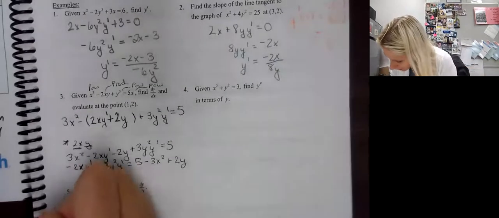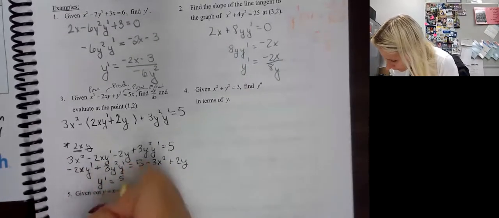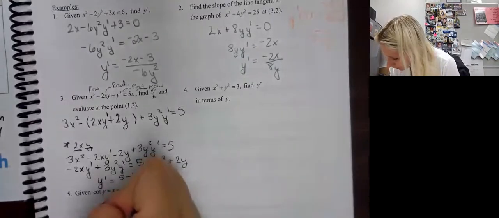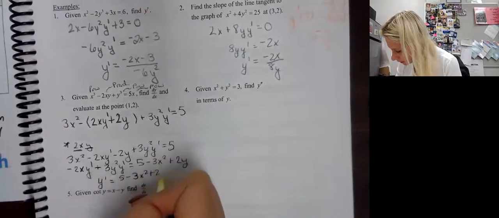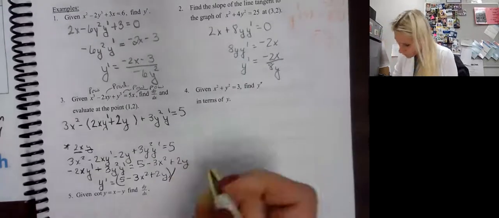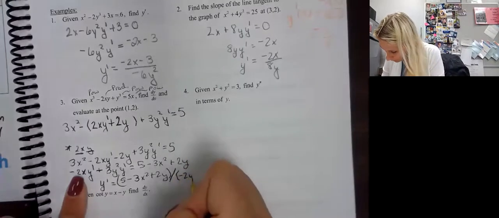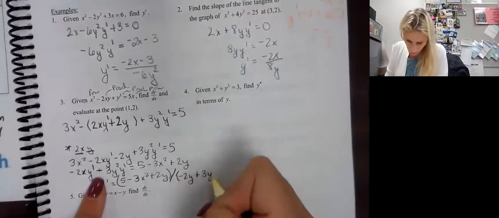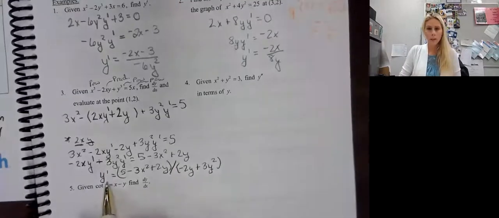So I end up getting y prime equals 5 minus 3x squared plus 2y all over negative 2x plus 3y squared. Okay, so I found the derivative.